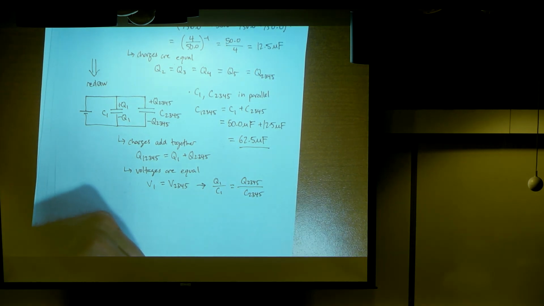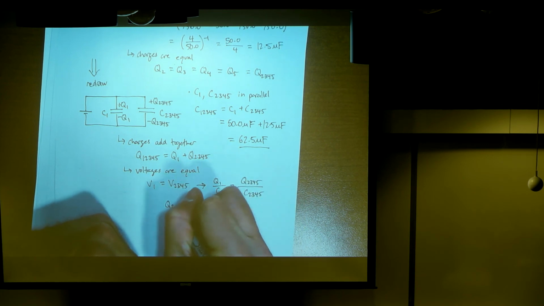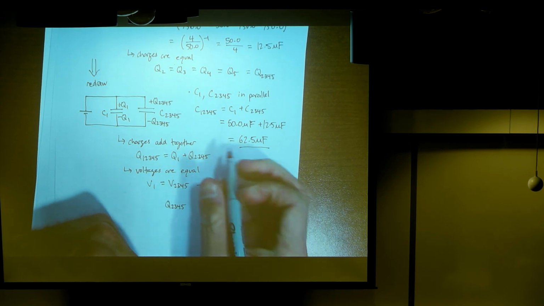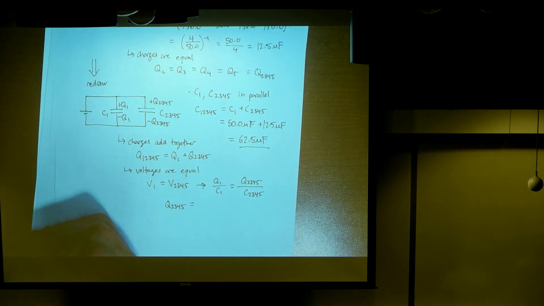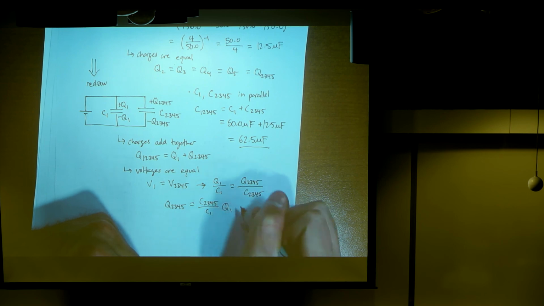I know it's a lot to write all these subscripts out, but trust me, if you don't keep track of this stuff, it's going to be hard to get the right answer, okay? So let's take that and solve for Q2, 3, 4, 5. That's going to be equal to C2, 3, 4, 5 over C1 times Q1.